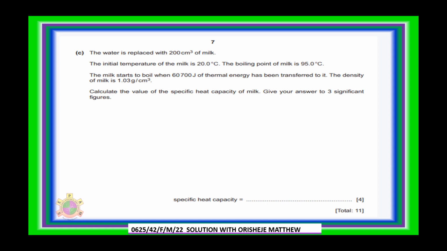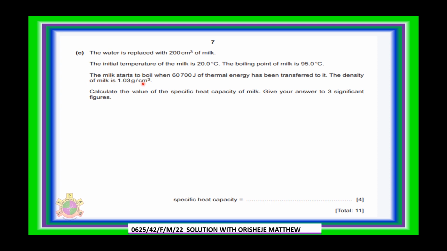Alright, the water is replaced with 200 cm³ of milk. The initial temperature of the milk is 20 degrees Celsius. The boiling point of milk is 95 degrees Celsius, so the temperature rose from 20 to 95 degrees before boiling took place.